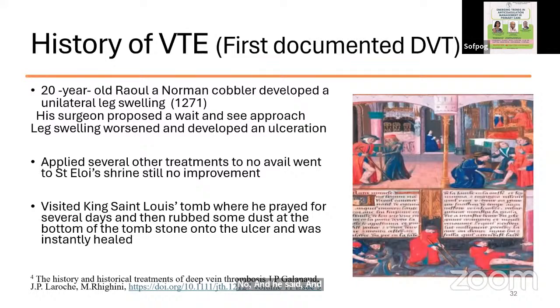Then he went to a shrine. Nothing happened, so he was advised to go to the tomb of a saint, someone who was later canonized, and he prayed. After several days, he applied some dust from the tomb. He was instantly healed and lived 11 years.